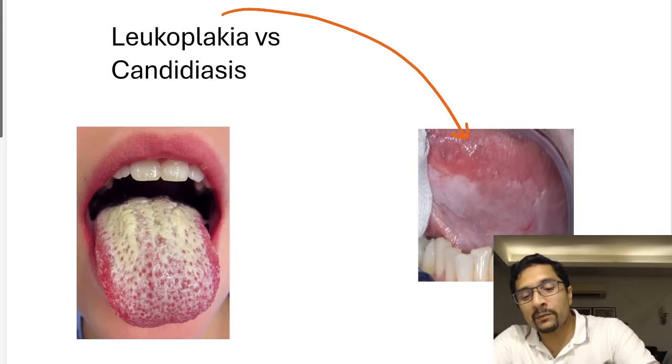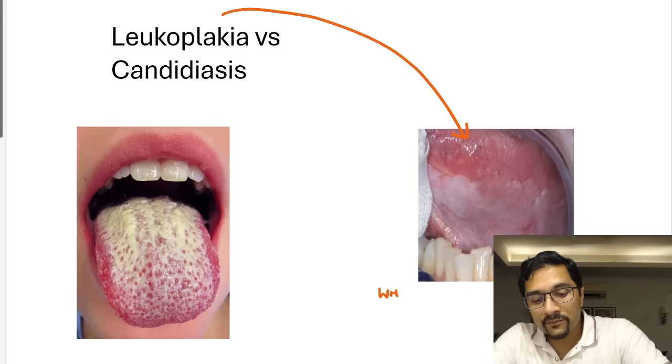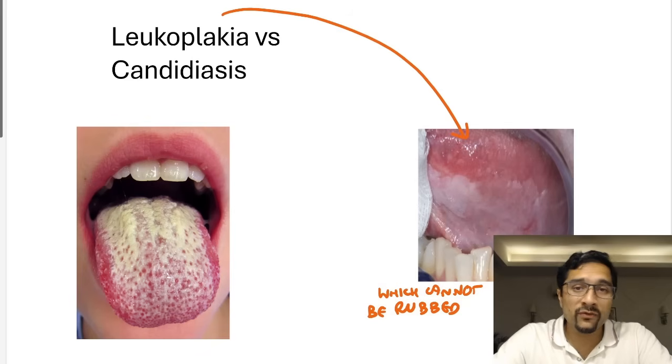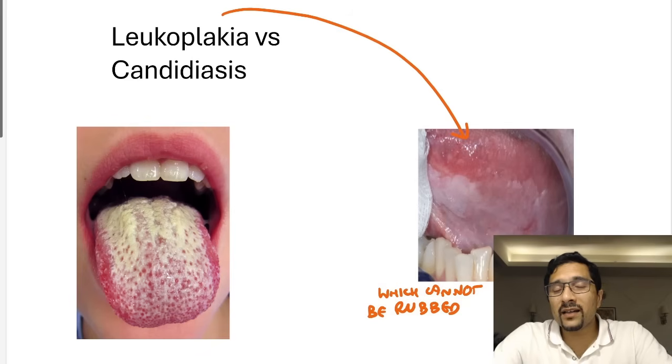Leukoplakia is a white patch which cannot be rubbed off, whereas candidiasis, we know you can rub it off. And leukoplakia will be seen in smokers and tobacco chewers, and this can increase the risk of cancer.